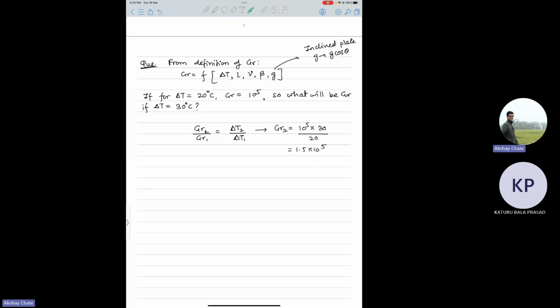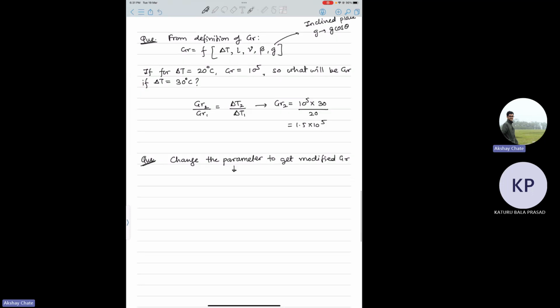And then there is a second template, where you go one level up. You change the parameter to get the modified Grashof number, and you go one step further: what is the change in the Nusselt number?